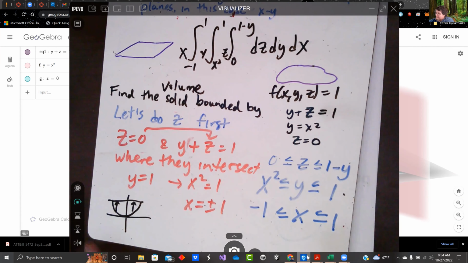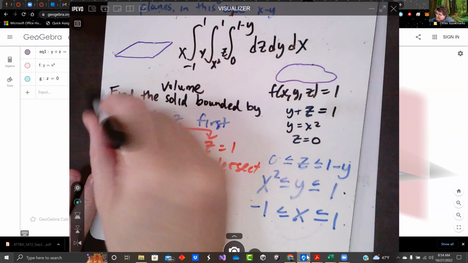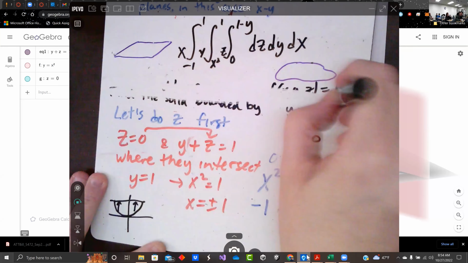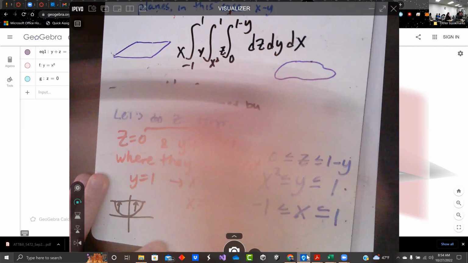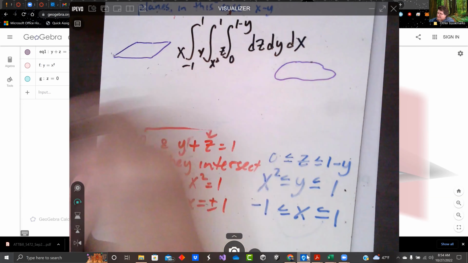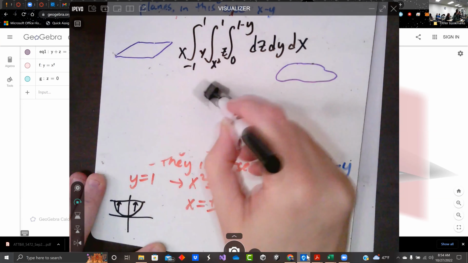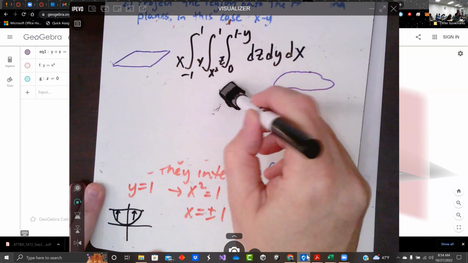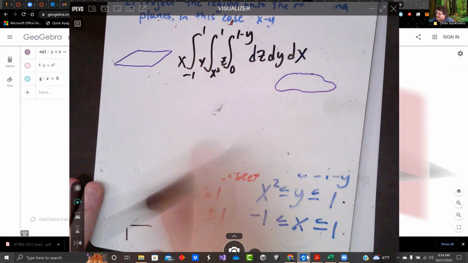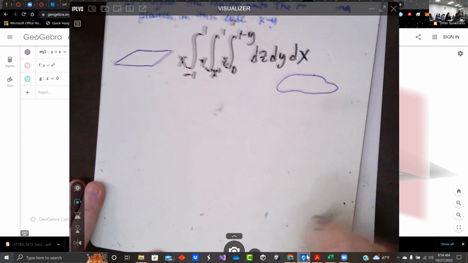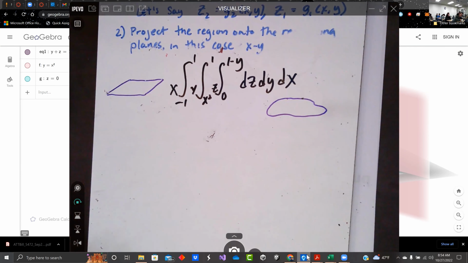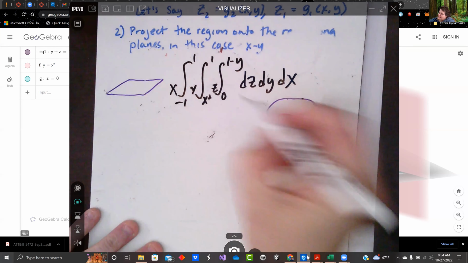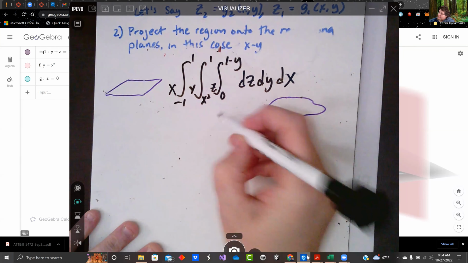So let's solve it. You want the x to be on the outside. The way I set it up, this x is on the outside, because z is a function of y, and y is a function of x. So you have to do those first. And that also makes it so it's not separable.